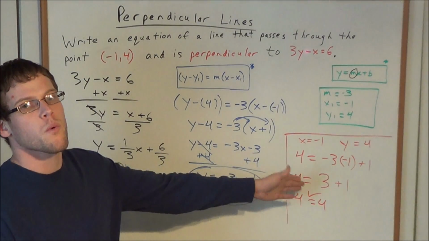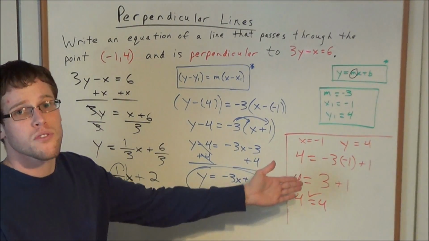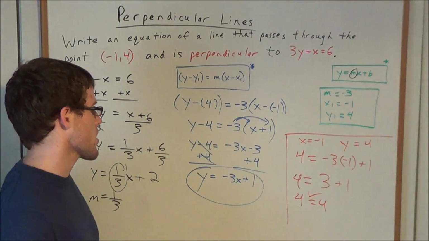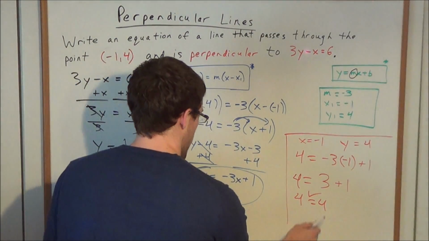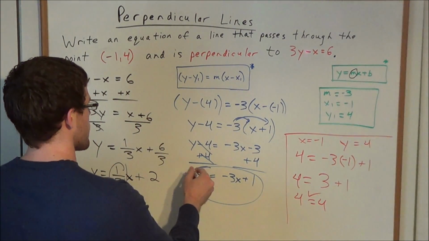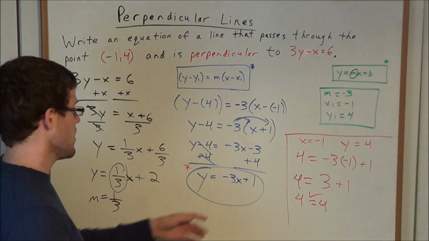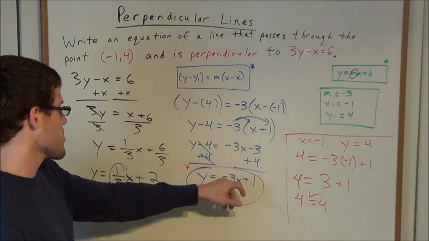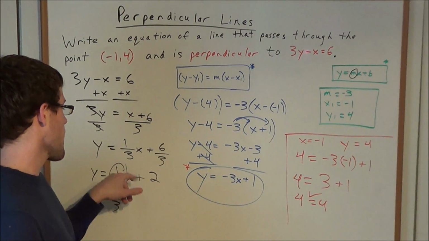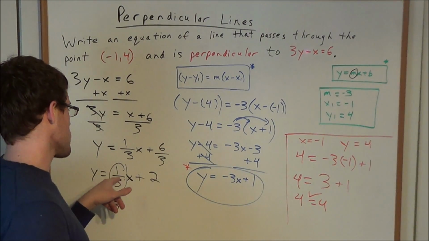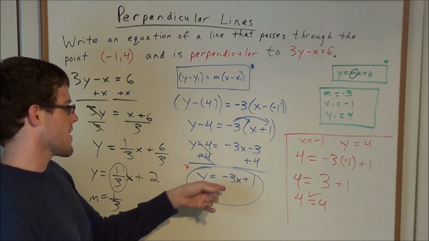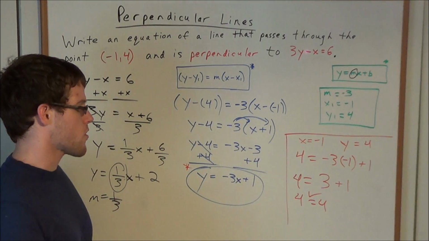If we had made a mistake, we would have gotten an absurd statement like 0 equals 3, in which case we would know to go back and check our work. Now that we have our solution checked off, we can say that this is our final answer. And once again, the slopes are negative reciprocals: the 1/3 flipped and negated becomes -3, so our answer is correct.